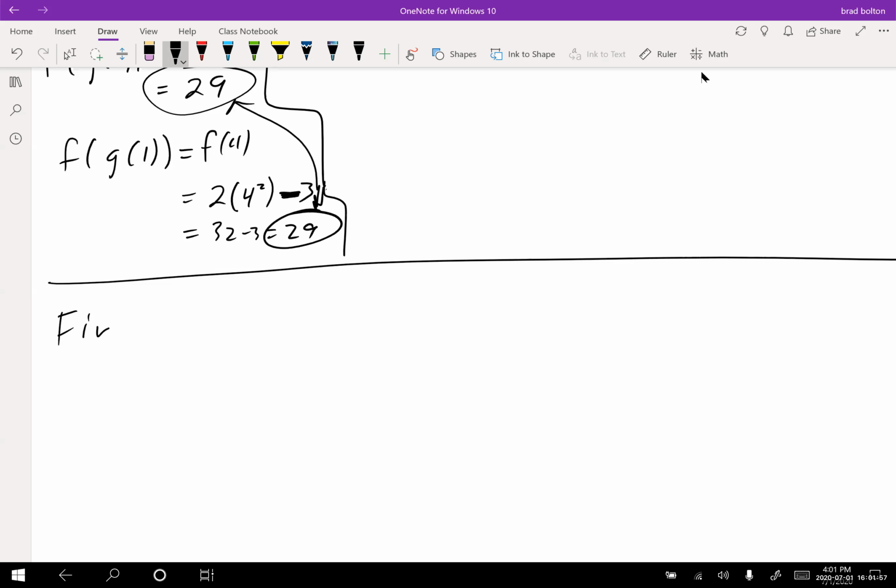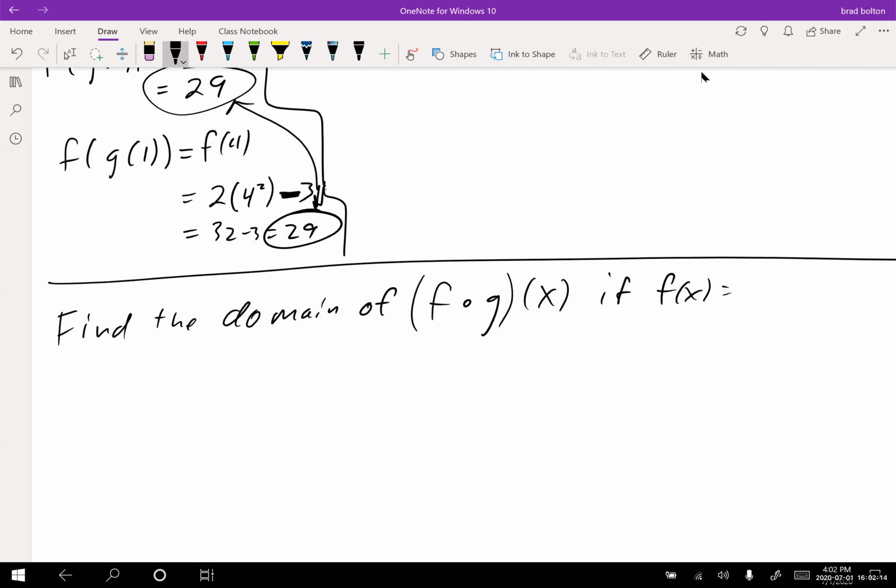So suppose I want to find the domain of f composed with g of x if f of x equals 2 over x minus 3 and g of x equals 1 over x plus 4. All right, so we have that.